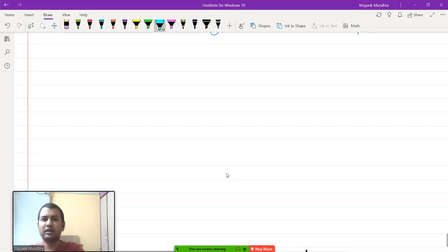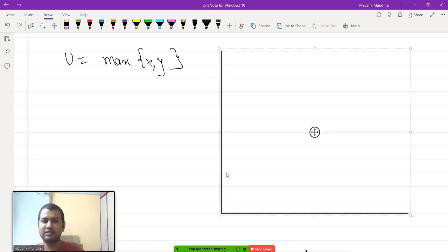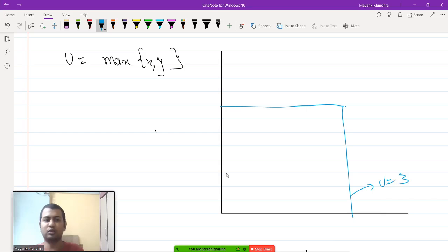On the other hand, if I consider the opposite utility function, utility equals max of x comma y, then what will the ICs look like? In this situation, I will have similar inverted L-shaped indifference curves, but now utility is going to increase in the outward direction. So let's say this is utility level equal to 3.